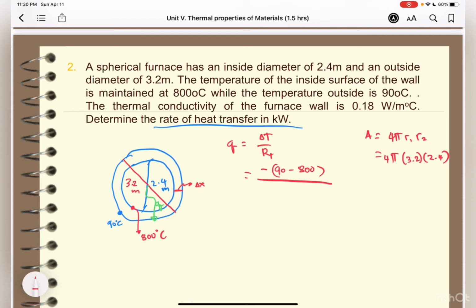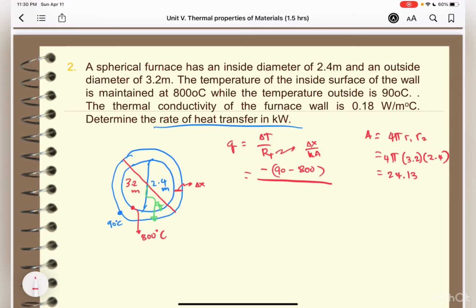So that's roughly 24.13. So if it is 24.13, I could now plug it in my equation that your RT is delta X over KA. Delta X is this one.